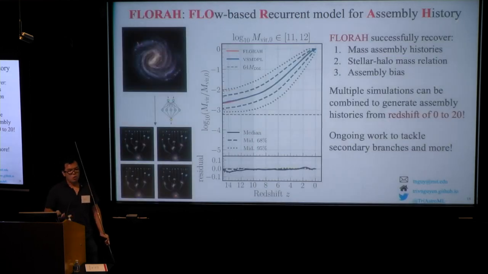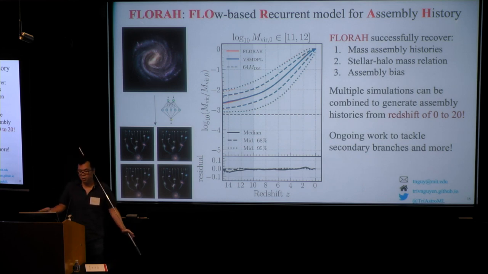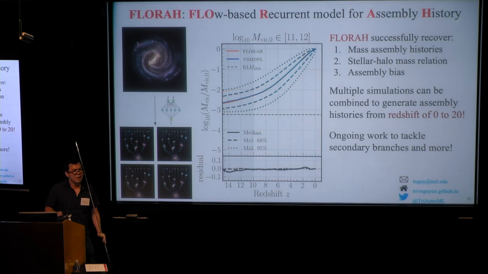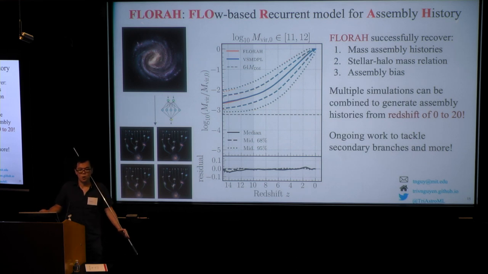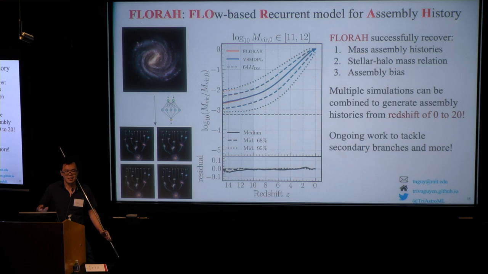So I will leave you with my summary slide. In summary, we developed Flora, a generative recurrent model to generate mass assembly history on the main progenitor branch of merger trees, and we are able to recover important relations such as the history itself, the stellar-to-halo mass relation, and the assembly bias.